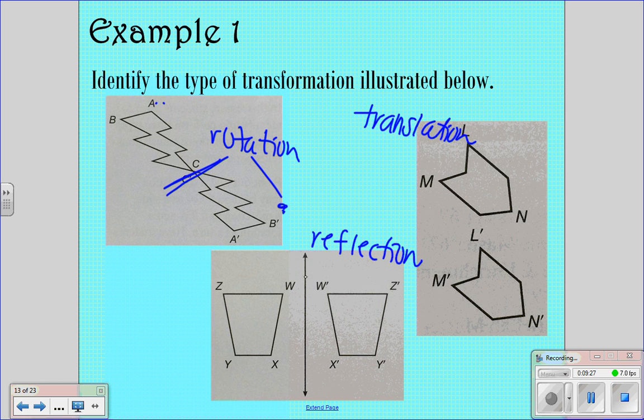They're not always going to draw the line of reflection here, but if you look, we have a figure, and it does kind of look like it was slid over, except for the fact that they labeled our points. We have W and W prime right here. Those are right next to each other. If W prime had been over here, then it probably could have been a translation. But if you notice, W and W prime are right here next to each other, and so that's not going to be a translation. That's going to be a reflection.